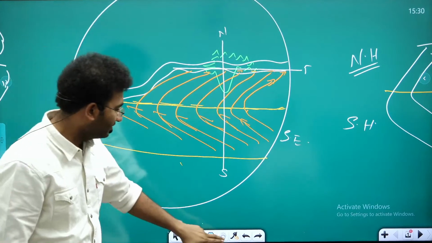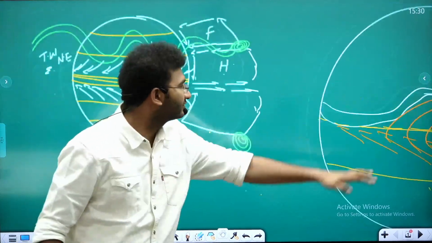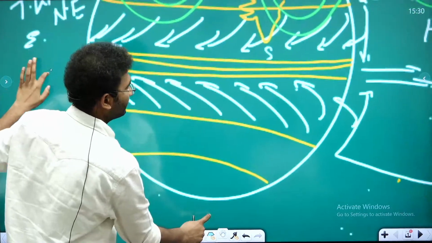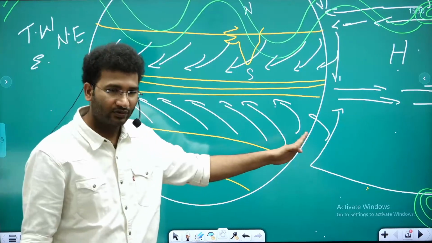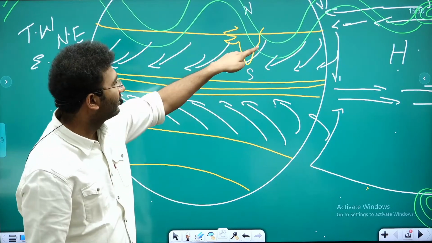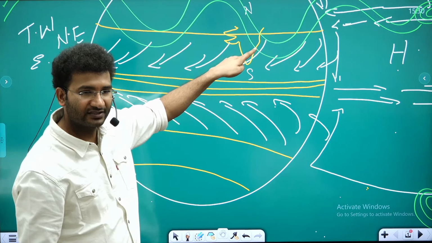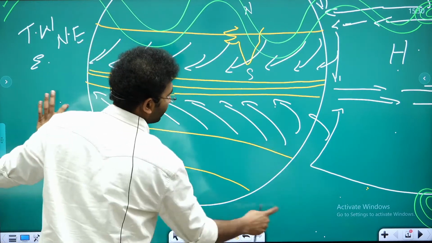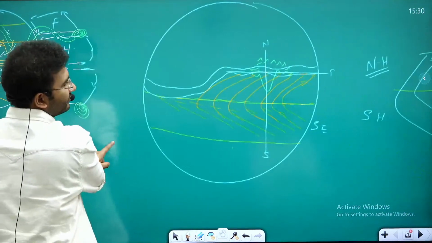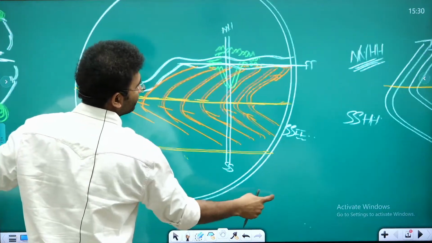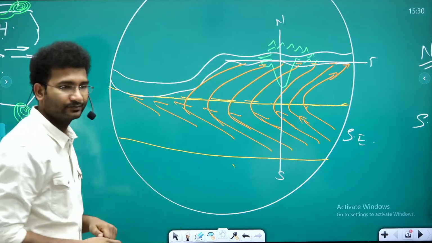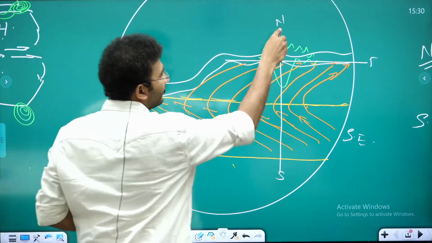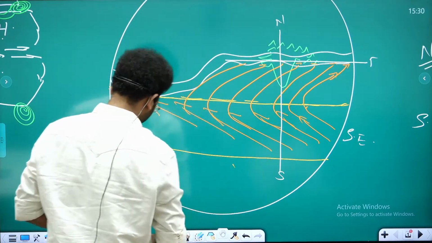Earlier, the direction of the winds here is southeasterly. The direction of the winds here is northeasterly, right? Look, the same winds today in the month of June change their direction. This is north, south of India, to be more specific.